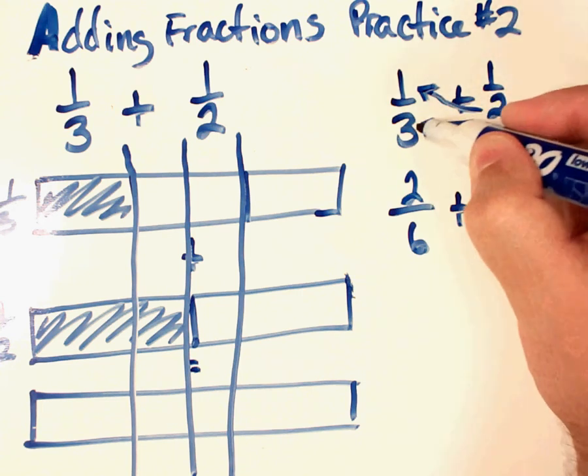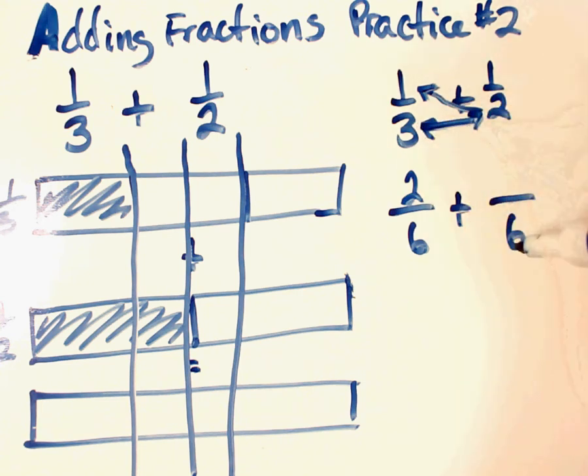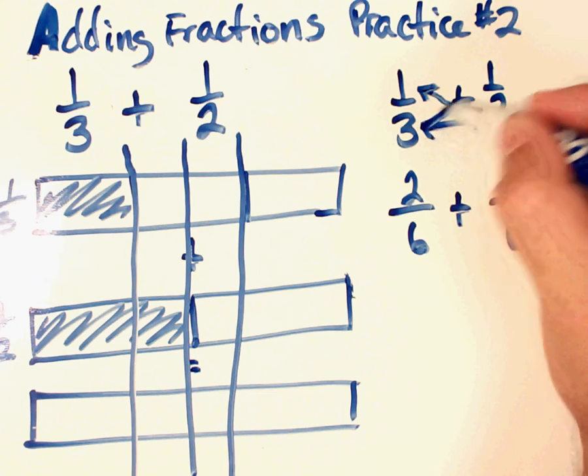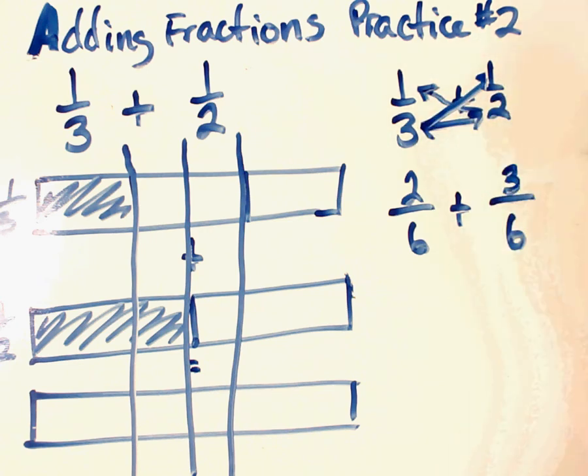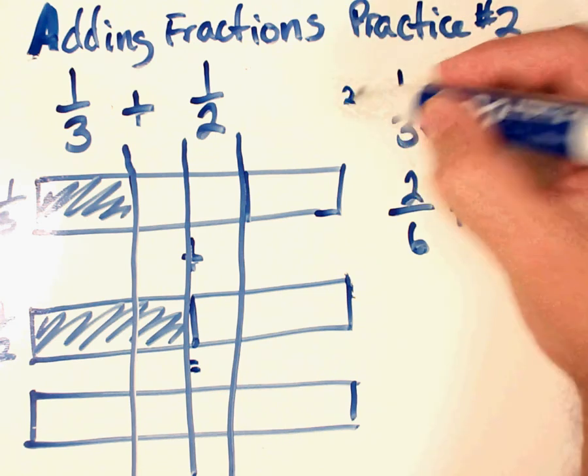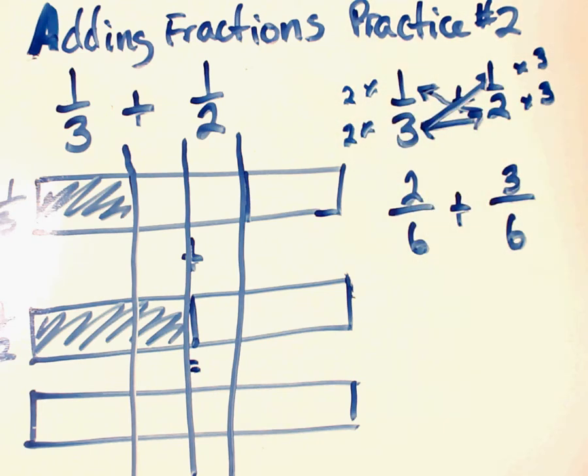Since I multiplied the 3 by 2 to get 6 here, I also need to multiply the 1 by 3 to get my numerator. I have to multiply both top and bottom by the same thing. So on the right, I've multiplied by 3, and on the left, I've multiplied by 2 on both top and bottom.